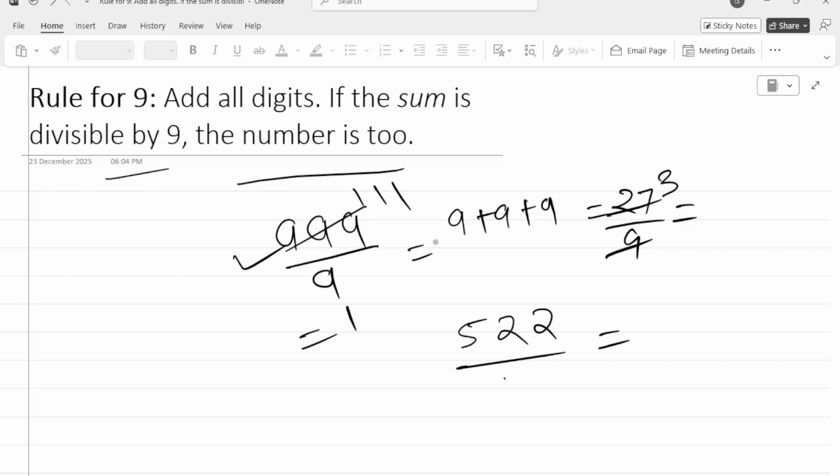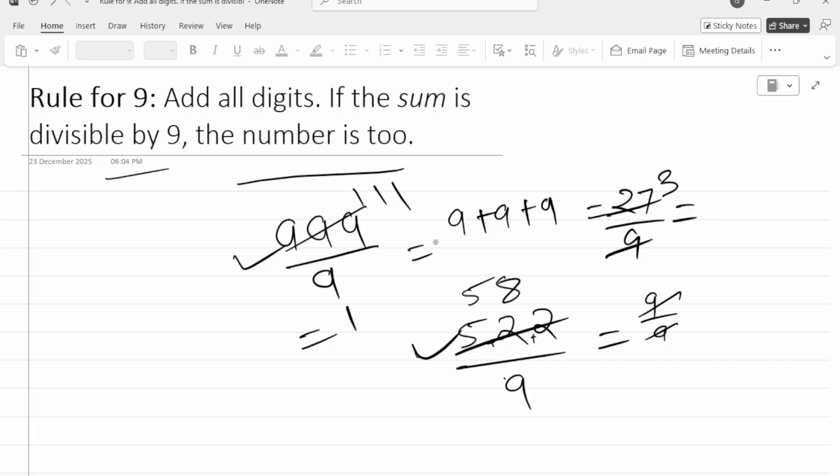First we add 5 plus 2 plus 2, which is 9, and 9 is completely divisible, so the number is also divisible by 9. 9 times 5 is 45, and 9 times 8 is 72.